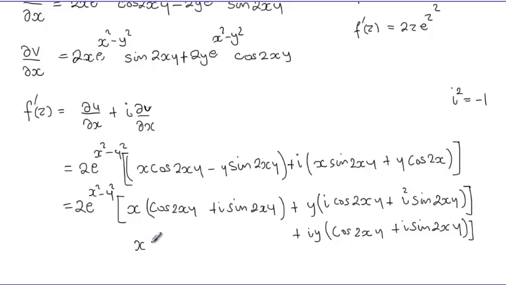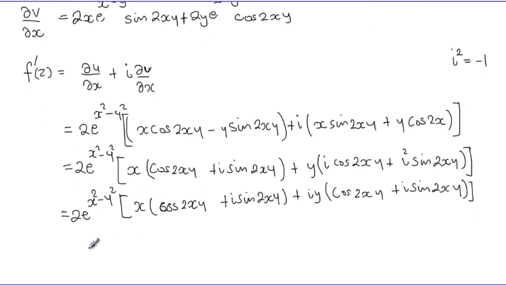And here we've got x cos 2xy plus i sine 2xy, and our exponential 2e^(x²−y²). Now let's correct this a bit. That is 2. Okay, now I think we can see that we've got a common factor here, and this common factor there, and then we're going to remain with x plus iy.